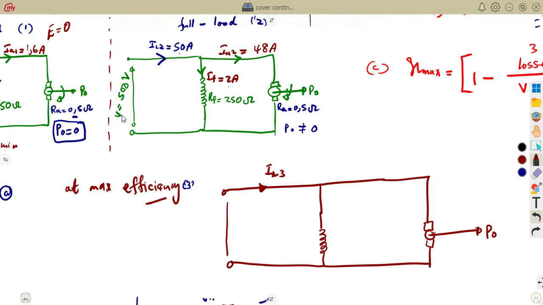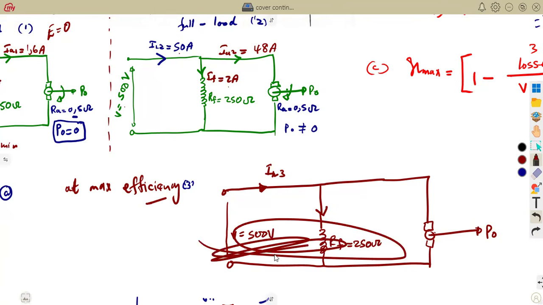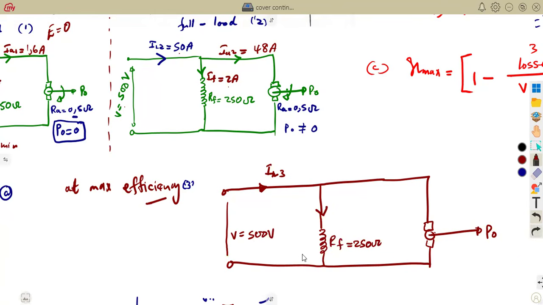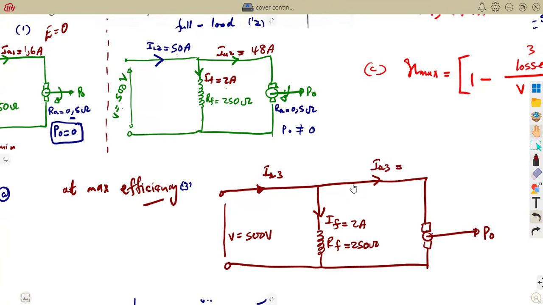But we know our terminal voltage is not going to change. Our V is still 500 volts. The resistance of the field is 250 ohms. This part of the field is not going to change because we have the same voltage and resistance, so the field current has not changed. It is not affected. We have the armature current at maximum efficiency, which is the one that we calculated.